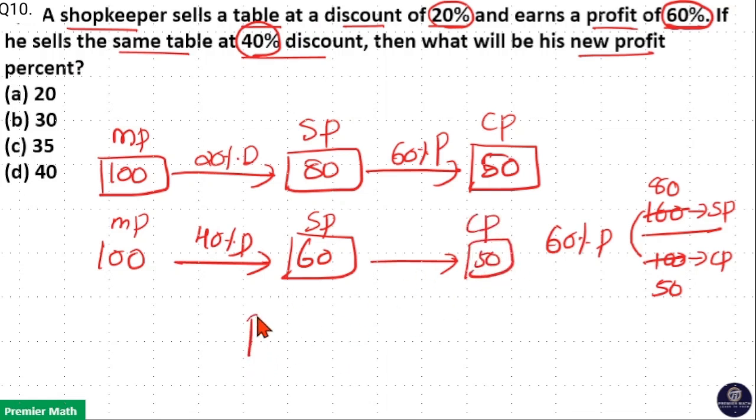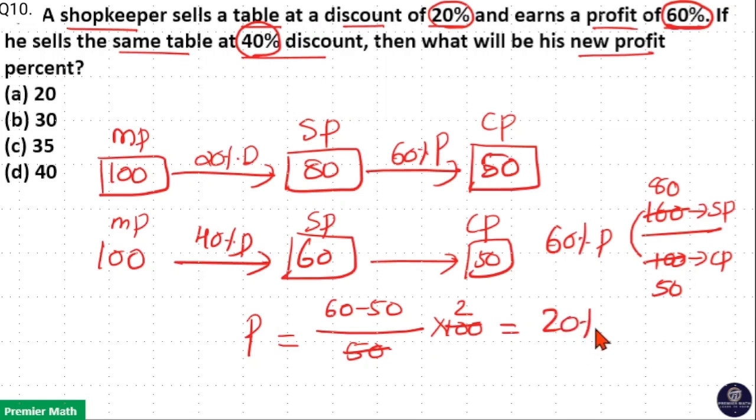So, here profit, if he sell it at 40% discount is, sell price minus cost price is 60 minus 50 upon cost price is 50 into 100 is the profit, which is equal to 50 goes 2 times in 100. So, 10 into 2 is 20%. So, profit is 20%. Option A is your answer.